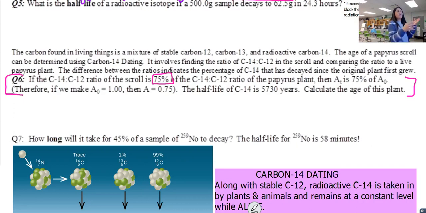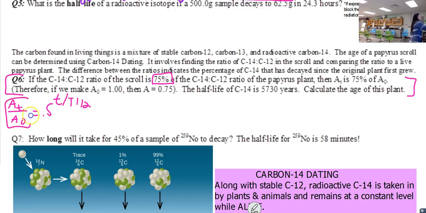So 0.75 is my fraction remaining. So AT over A0 is equal to 0.5 to the T over T1 half, and this entire fraction is 0.75, or 75 over 100. You can use numbers to fill that in.